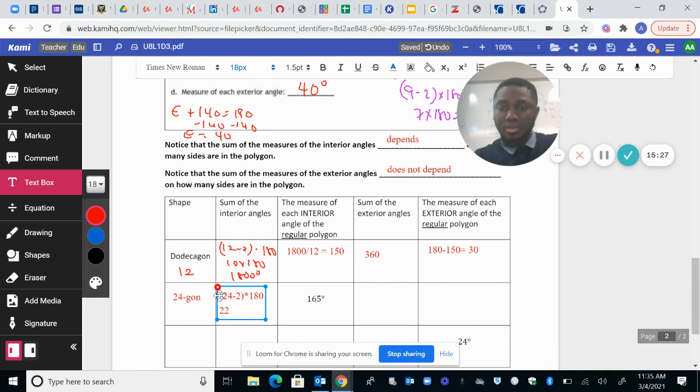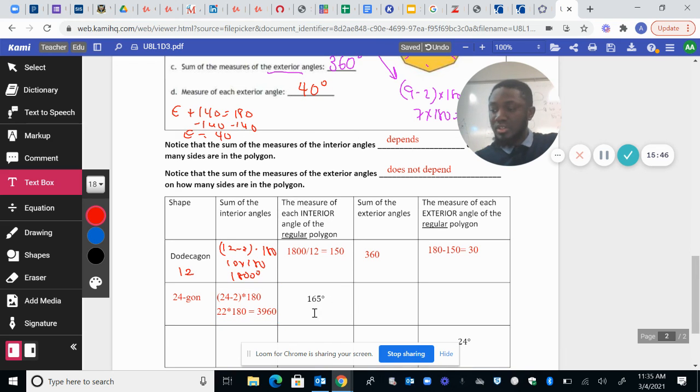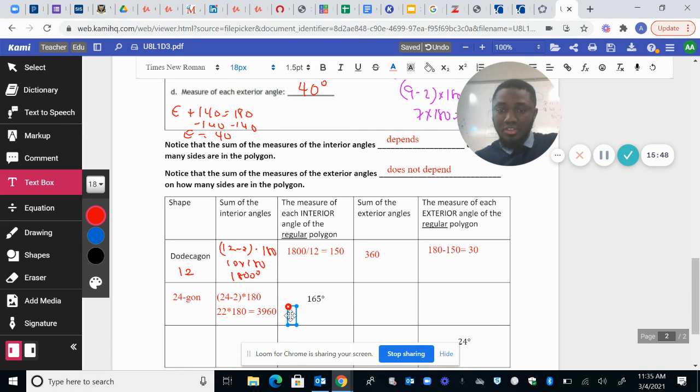If I do that, 22 times 180, the outcome is 3960 degrees. And each interior angle is 3960 divided by the number of sides, 24, and that gives me 165.